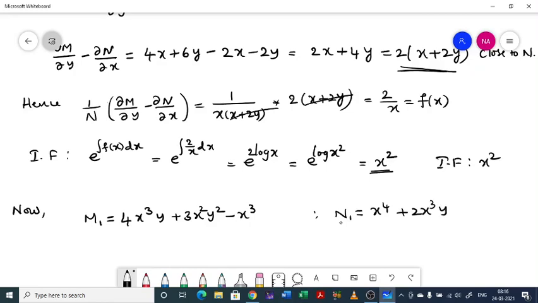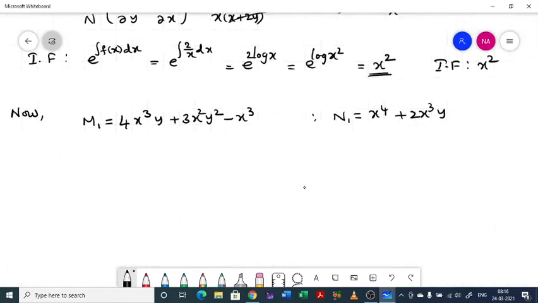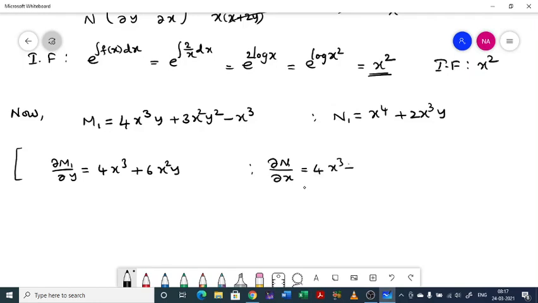You can check that ∂M1/∂y equals ∂N1/∂x. For this problem let us check this, but this is not necessary. ∂M1/∂y will be 4x³ + 6x²y, and ∂N1/∂x is 4x³ + 6x²y.